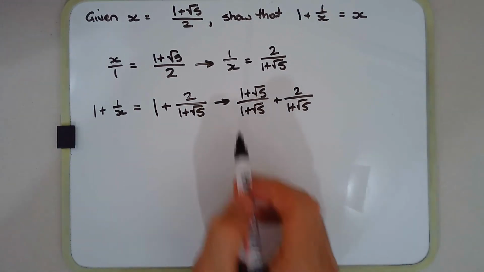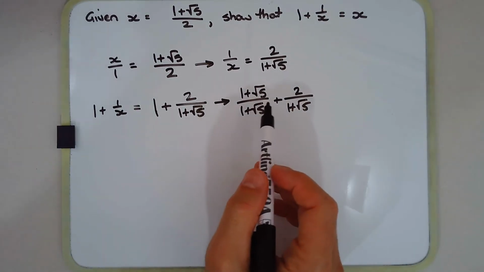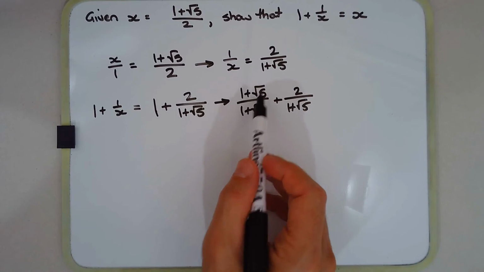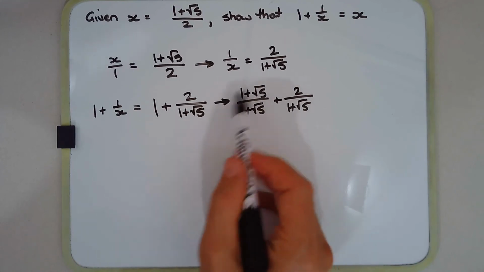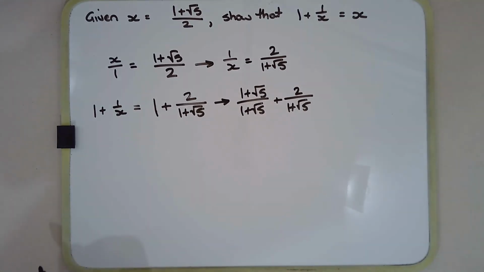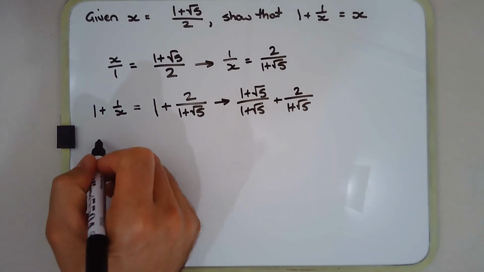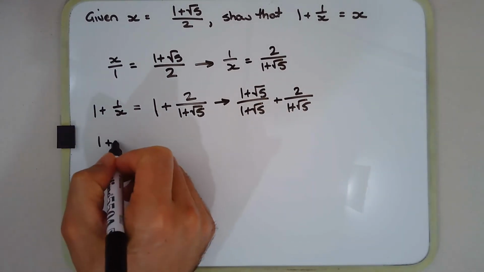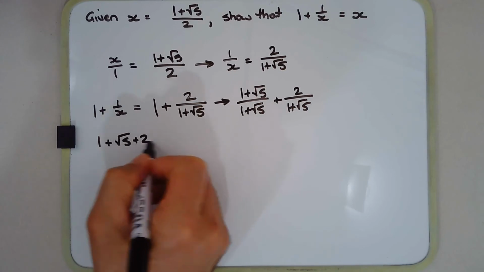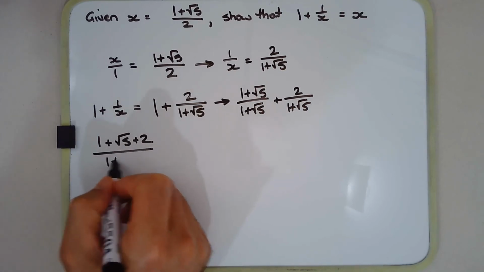Now you've got common denominators, and hopefully we can agree that (1 plus the square root of 5) over (1 plus the square root of 5) is the equivalent of 1. After all, you take a number and divide it by itself, you get 1. It goes into itself once. We can combine the numerators now, so we get (1 plus the square root of 5 plus 2) all over (1 plus the square root of 5).